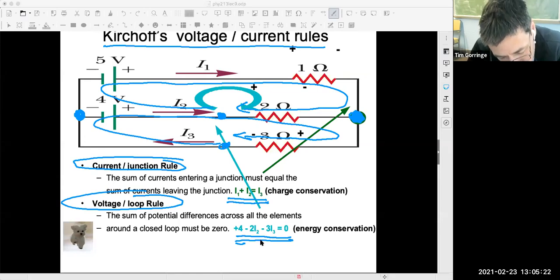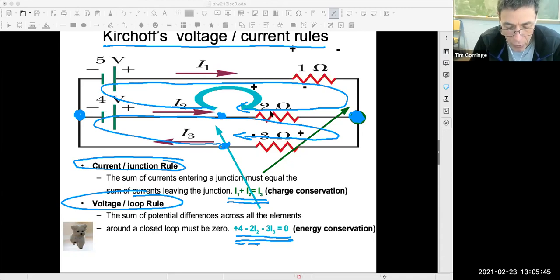And so that's what you see here. See the 2I2. I2 is the current through that resistor. The 2 is the 2 ohms of resistance of that resistor. So 2I2 is the voltage drop change across that resistor.